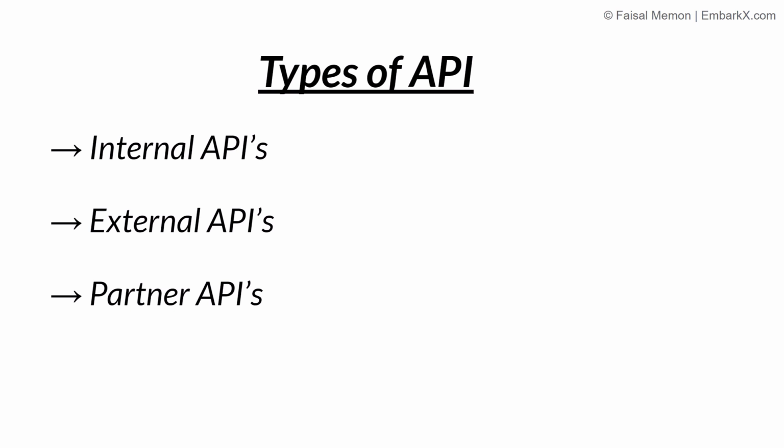These APIs are built for specific partners. So let's say you're working at an organization that is building a ride-sharing app, and you have partnered with someone, and as a result of the partnership, both companies are doing some sort of integration. Now in this case, both organizations might want to expose some functionality to each other.